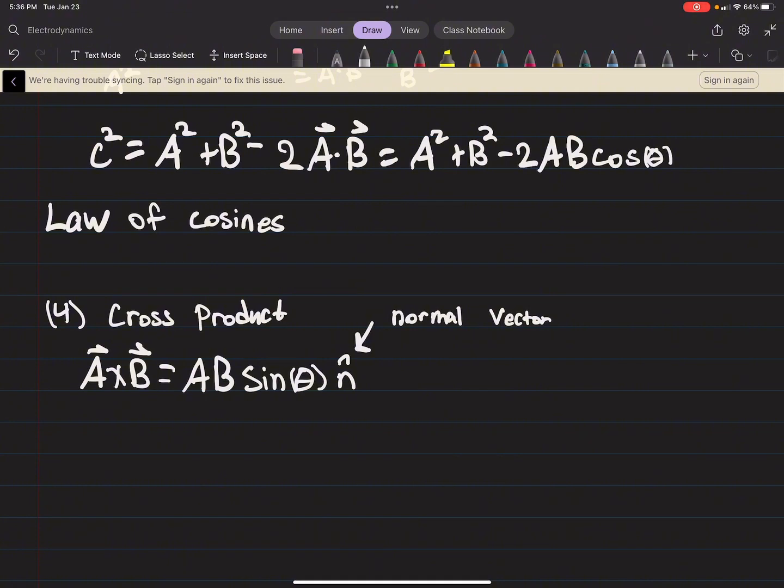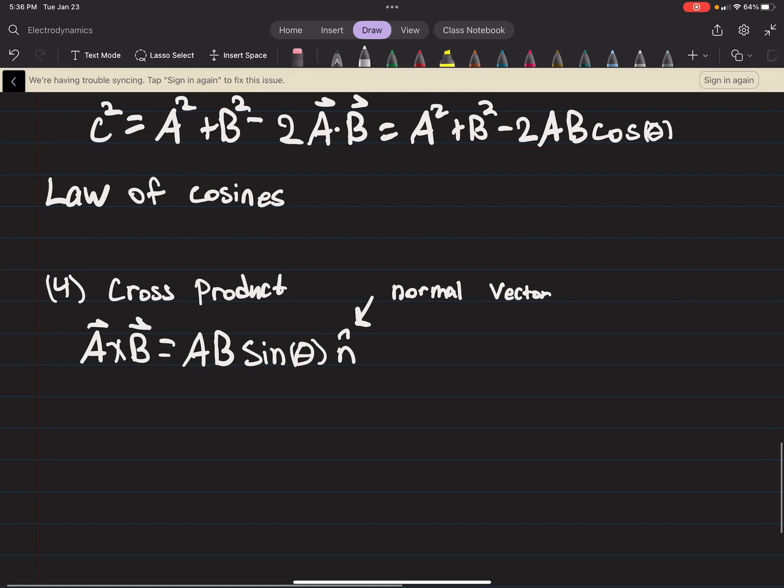So unit vectors have magnitude 1. So the unit vector, if we take the vector n divided by the magnitude of n.